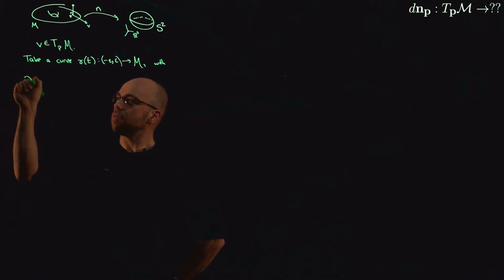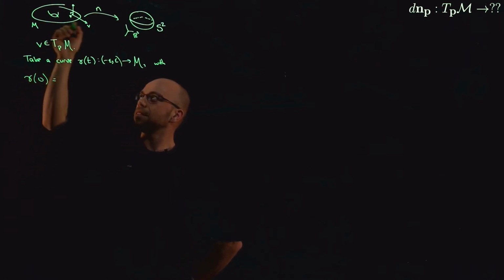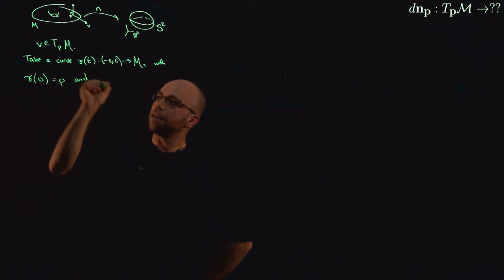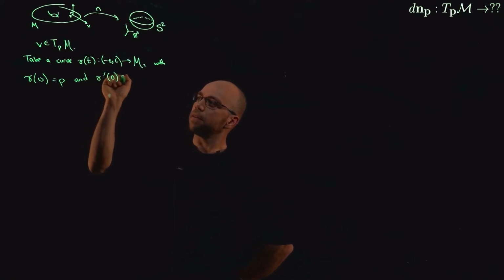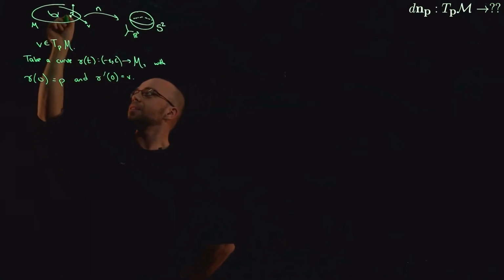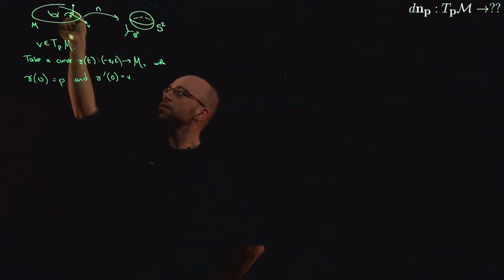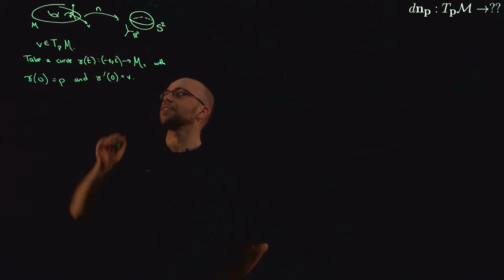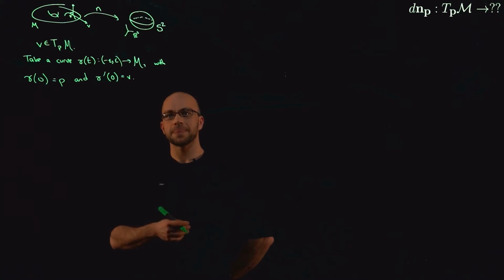First, at time 0, our curve is going through the point P. And at time 0, our curve has velocity v. So our curve is some car driving along our surface, and it goes through P kind of like that. And notice that the tangent agrees at P with the vector I've drawn, which is v.